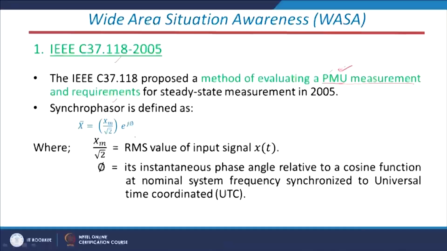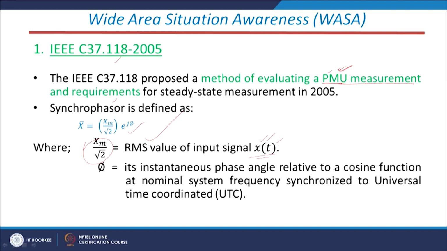If you see this expression, x bar is equal to x m upon root 2 into e to the power j phi, where x m by root 2 is the RMS value of the input signal. This input signal x(t) may be a voltage signal or a current signal, which is time dependent; x(t) is a function of t, and it is the instantaneous signal.